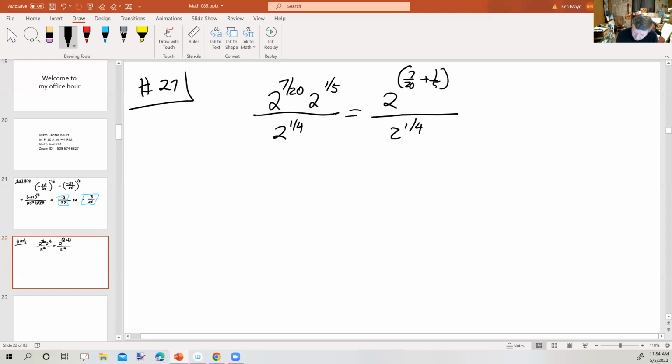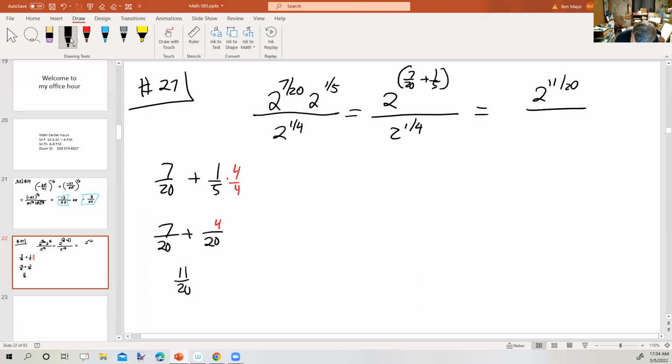Now let's take 7/20th plus 1/5. The common denominator there would be 20. So we're going to multiply 1/5 by 4/4. So 1/5 becomes 4/20. 7/20 plus 4/20 is 11/20. So we now get 2 to the 11/20 power over 2 to the 1/4 power.